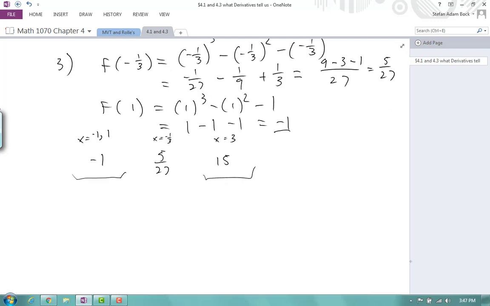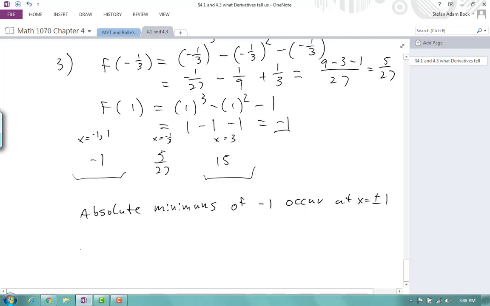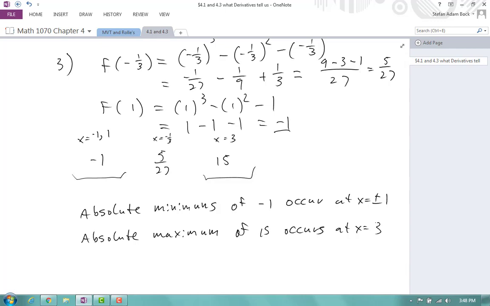So I actually have two absolute maximums for this, or minimums I should say. So I have absolute minimums of negative 1 at two places, x equal to 1 and x equal to negative 1, and I have an absolute maximum of 15 at x equal to 3. So I had absolute extrema at both endpoints, but one of them matched a relative or local minimum on the interior.